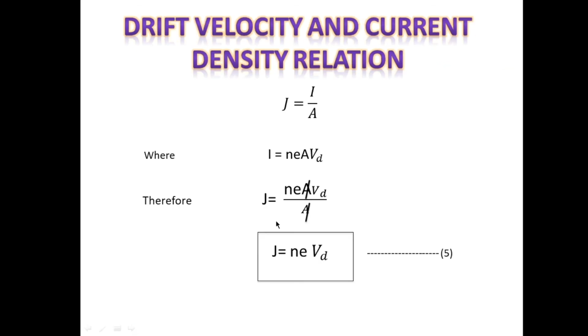I'm replacing the I in the current density with that value N E A Vd. Obviously, the A in the denominator will cancel, and as a result you get the current density in terms of drift velocity. J is equal to N E Vd, which I'm taking as equation 5. Did you get that? Okay.